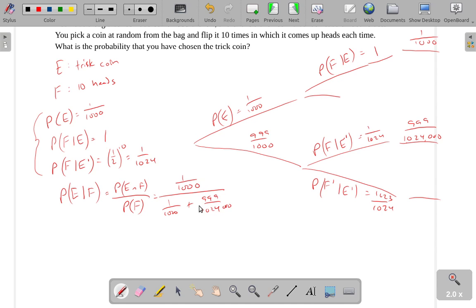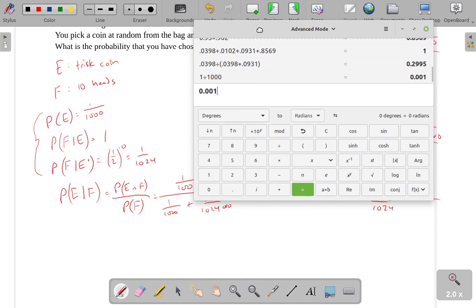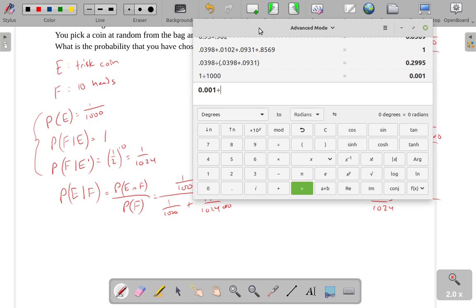And I think this is something that probably would be deserved to just type into a calculator. So let me go ahead and, well, first off, 1 over 1,000, let me just point out, that's 0.001. It's easier to type as 0.001. So I'm going to do 0.001 divided by parentheses 0.001 plus 999 over 1,024,000.